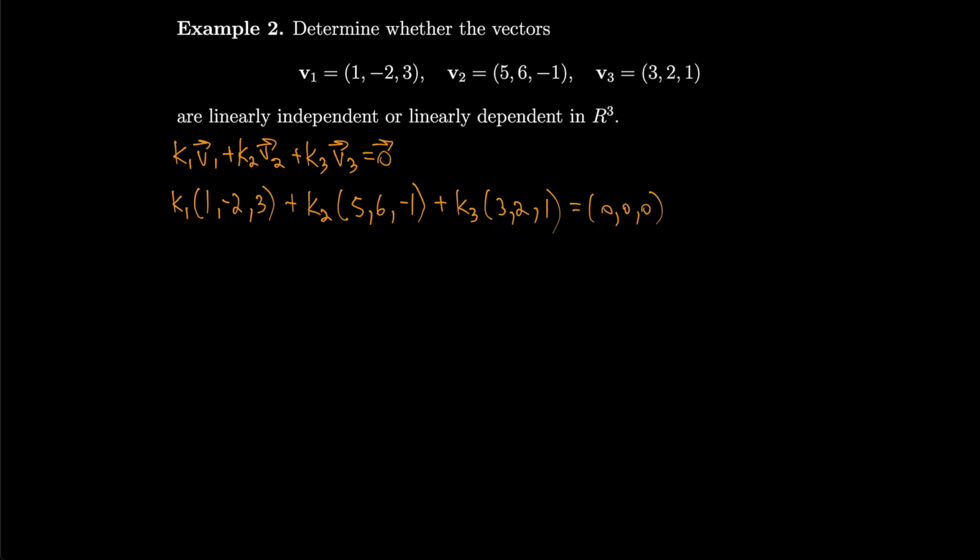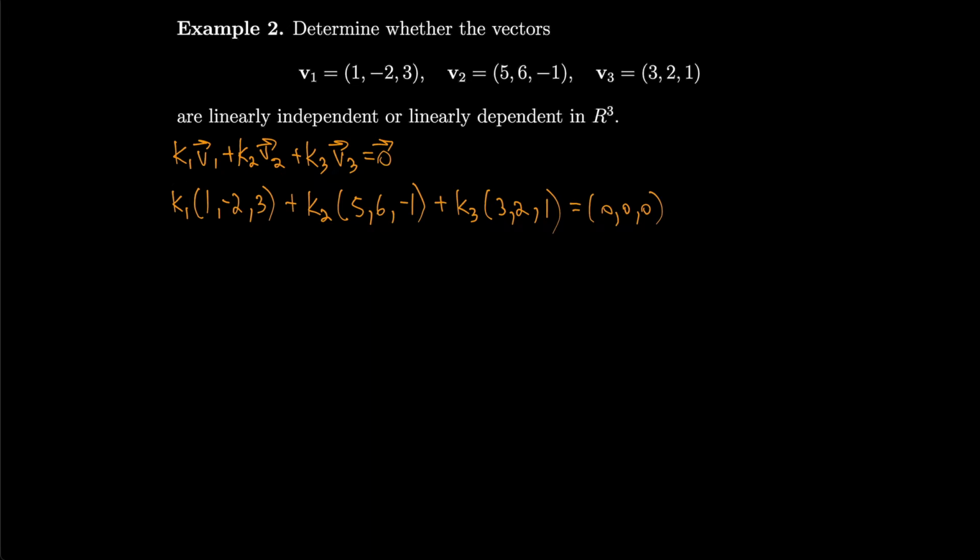So notice that we could just distribute the k1. So we get k1 minus... k1 for this component, minus 2k1 for this one, 3k1 for this one, plus 5k2, 6k2 for the second component, minus k2.